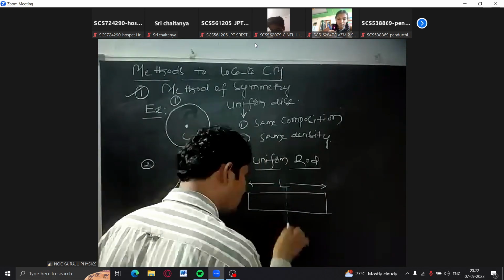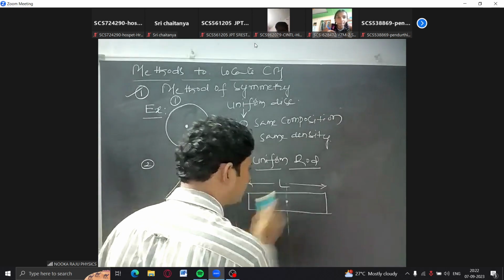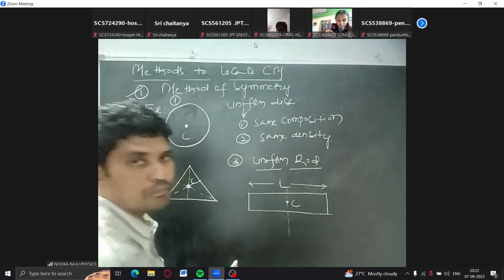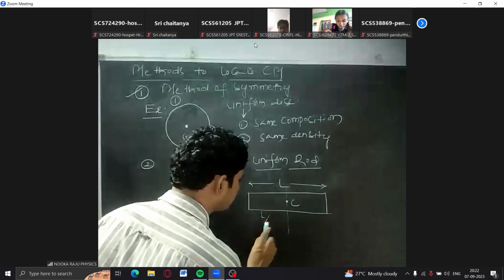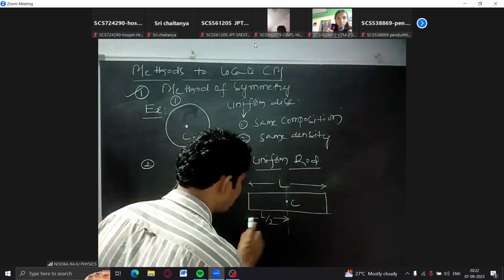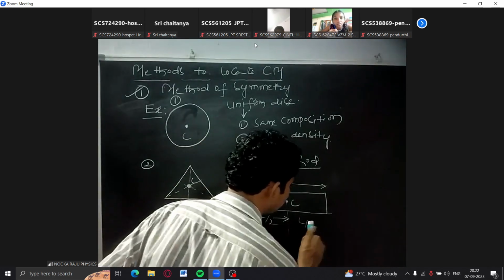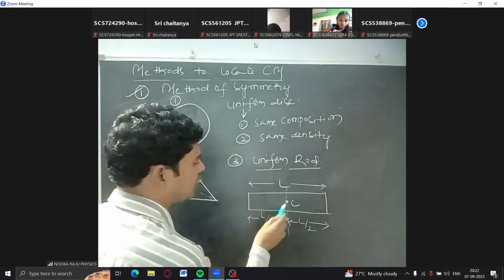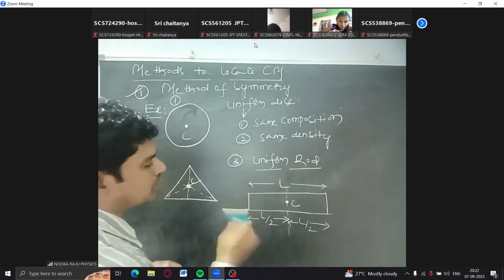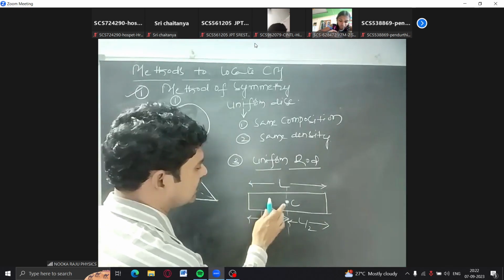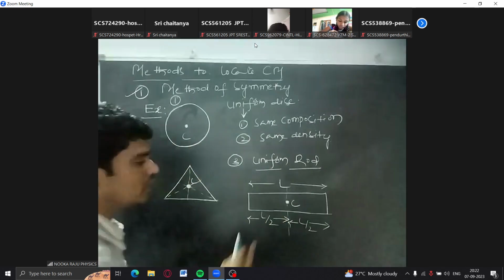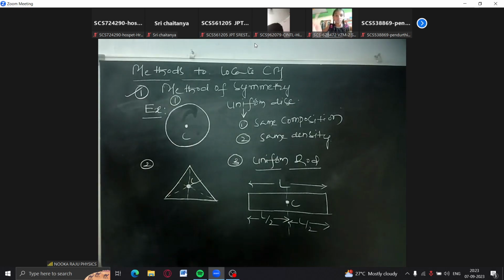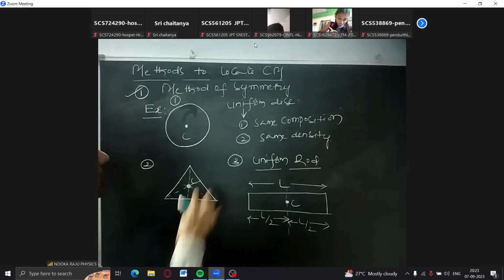This is the center, C, because this is half of the length of the body. L by 2, and this is also L by 2. According to the information, the center of mass is exactly located at this point, because this is also the geometric center.